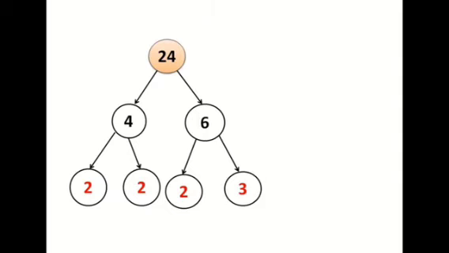You can break or split the number till you reach prime numbers. So here you can see 2, 2, 2 and 3 are all prime numbers. So your factor tree is over. You can write down finally 24 equals 2 into 2 into 2 into 3. If you multiply, you will get back 24.